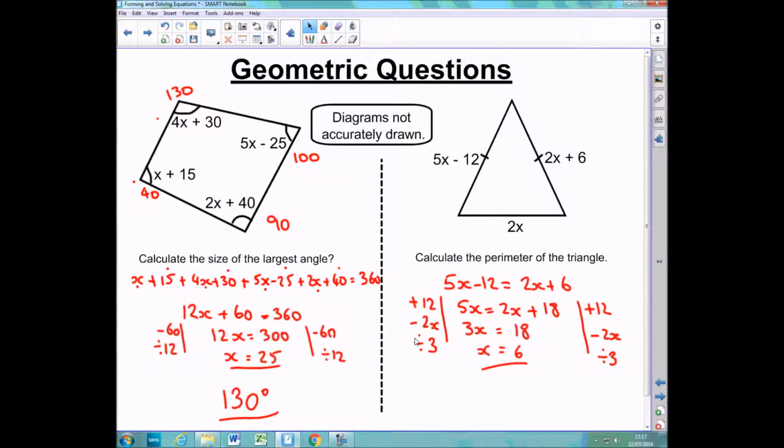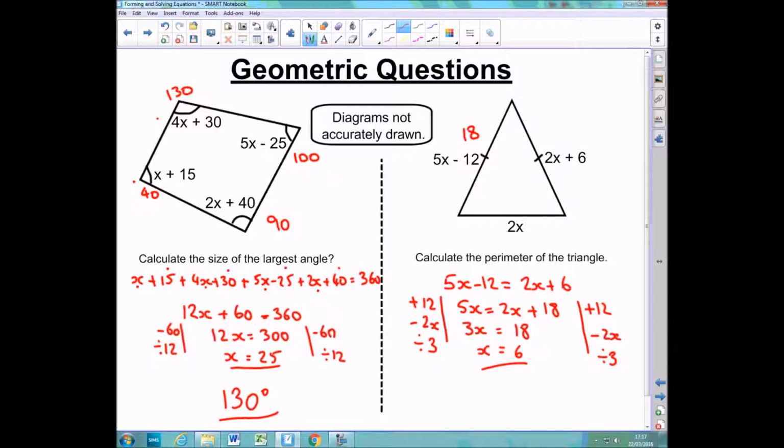So again, like the last example, the question's not actually asking me to find out the value of x, it's asking for the perimeter. So what I need to do is substitute 6 in for x, and find the size of each of these lengths. So starting off with 5x minus 12, 5 times 6 is 30, minus 12 is 18.